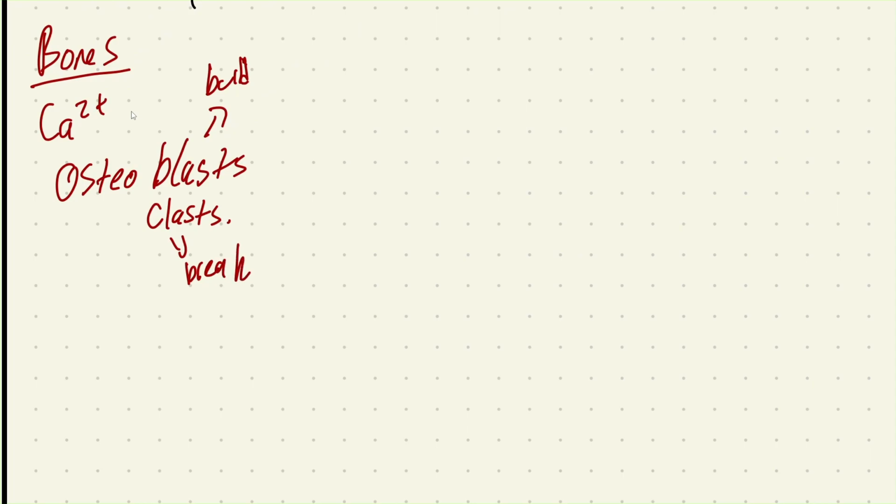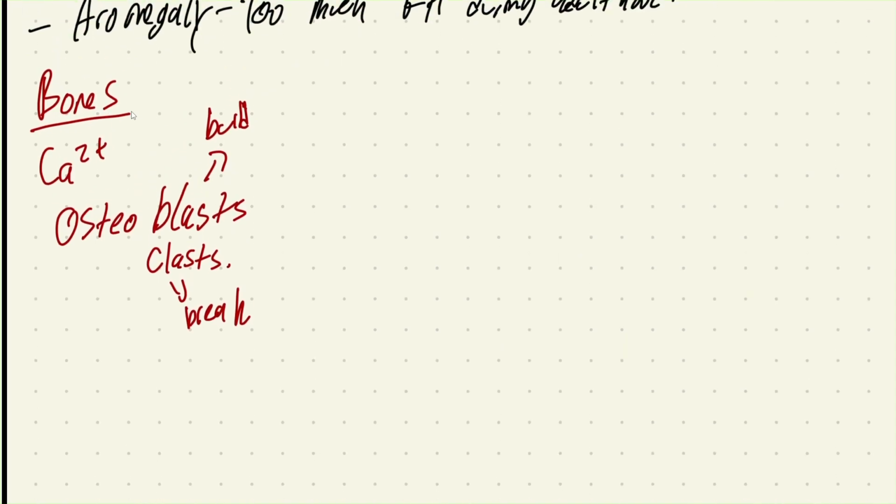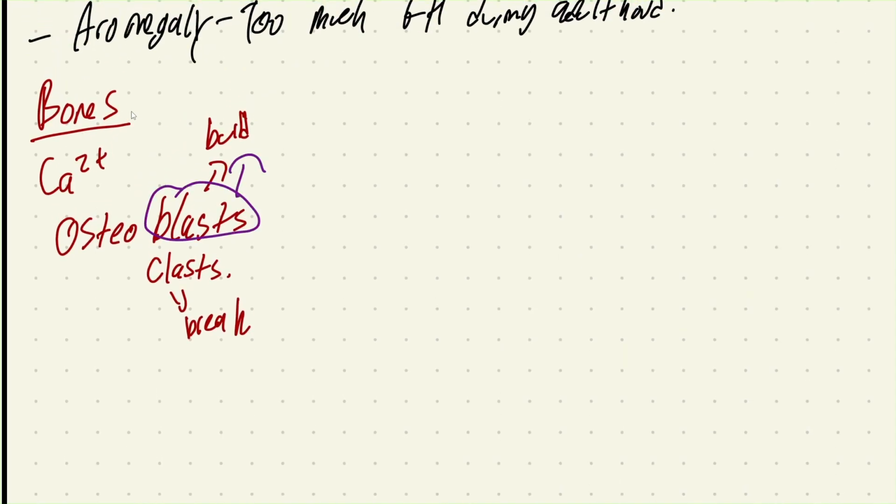I guess a way to remember this, because this is kind of confusing: it starts with blast, so you think it breaks, but it builds, so it's the opposite. So I'm just going to think, okay, blast, opposite. So if it isn't breaking, it's going to build. All right, that's another tangent.